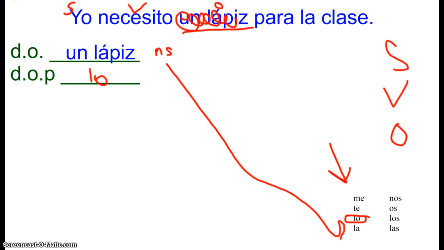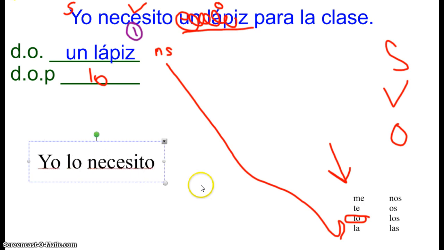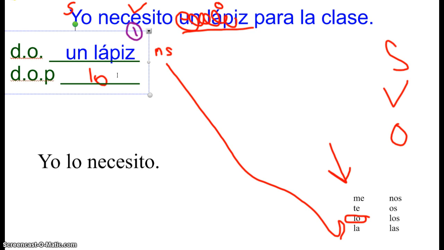Now since I only have one verb in the sentence, necesito, my direct object needs to go right at the beginning. Yo lo necesito. I've identified my direct object, I've taken it out, I've replaced it with lo, and then I put the lo in front of the conjugated verb.